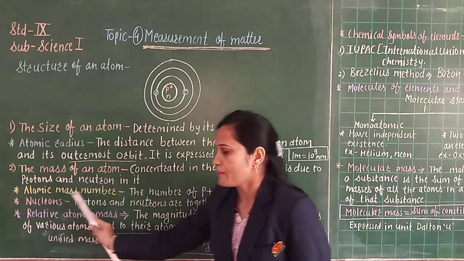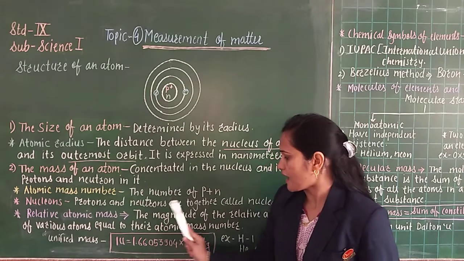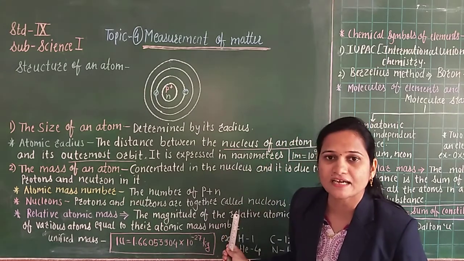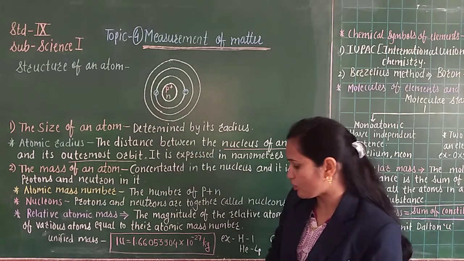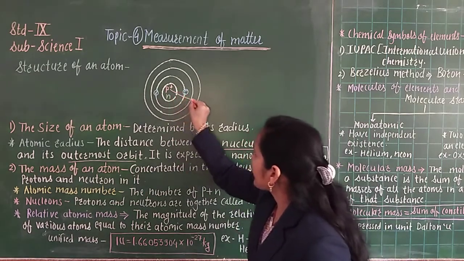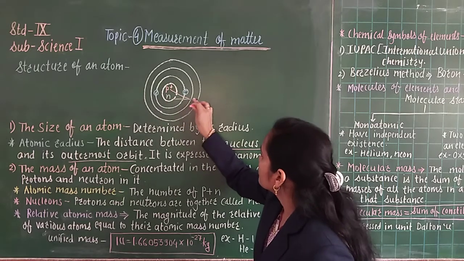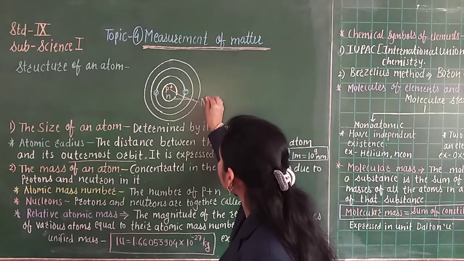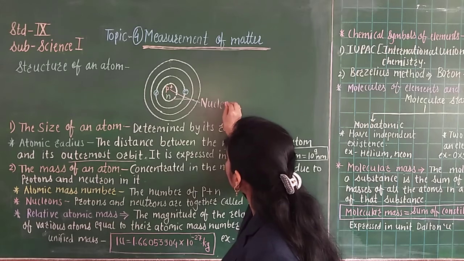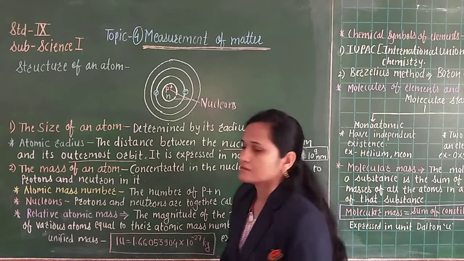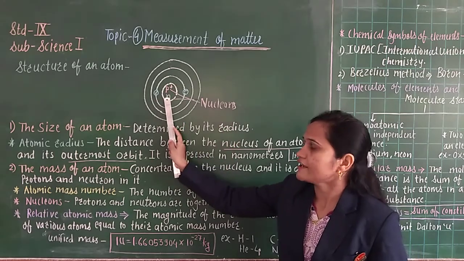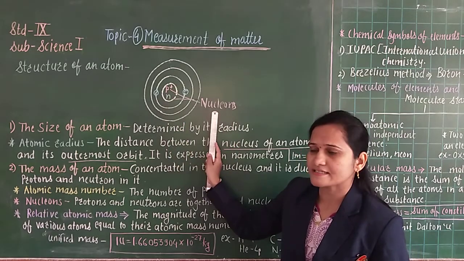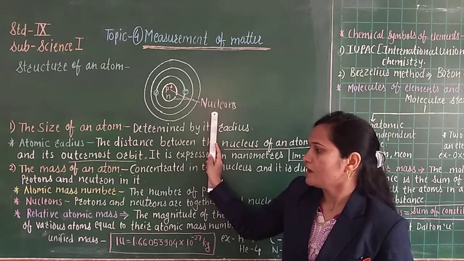Protons and neutrons together are called the nucleons. So understood, nucleons means what? Protons and neutrons together are called the nucleons.